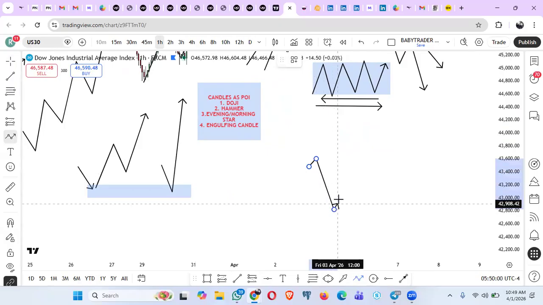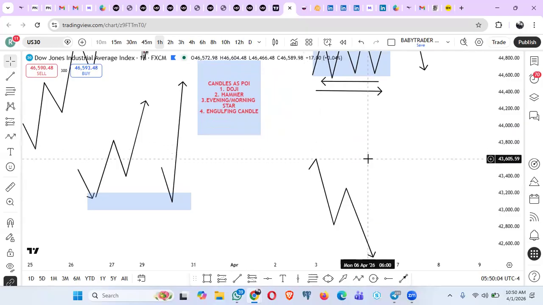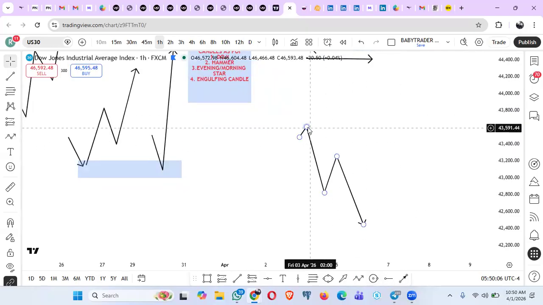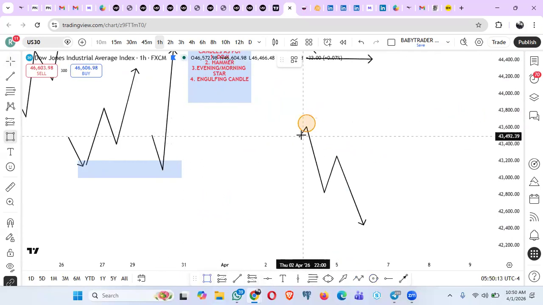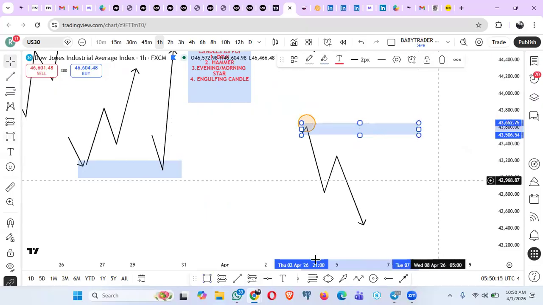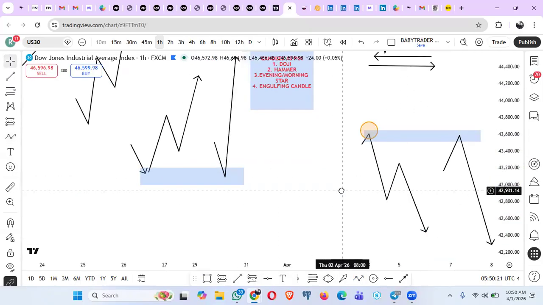Once the market drops, impulsive push, small correction, impulse again, check where the market came from, the origin of that first push. If you see any of those candles there, you take your trades there.